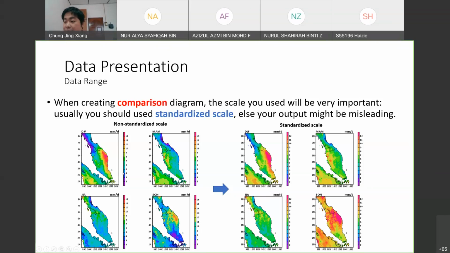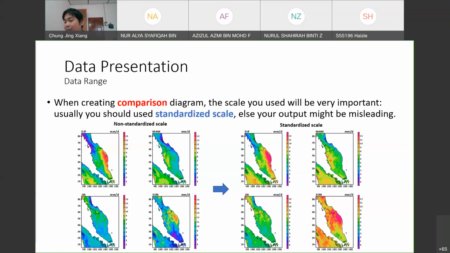So you will tend to say December, January, February is the rainy season for Peninsular Malaysia, whereby the rainfall is the highest among all the seasons.